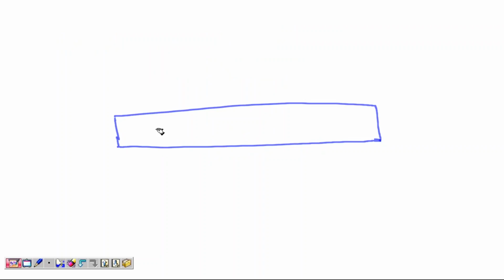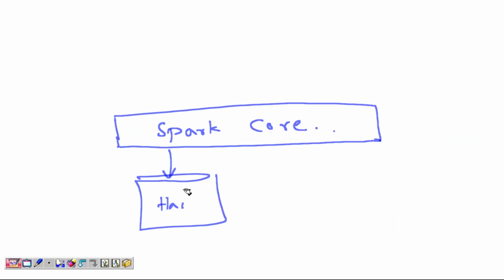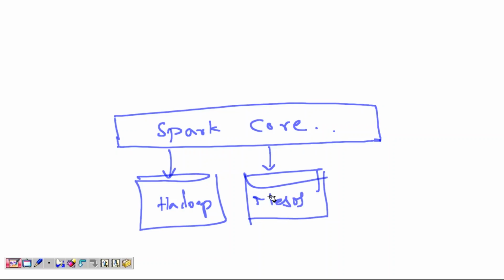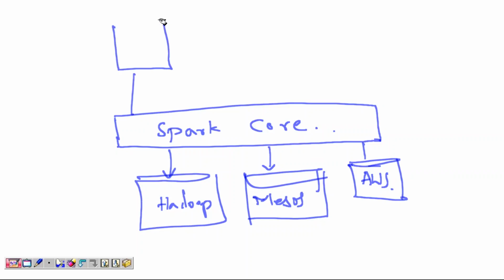So you can write a high-level diagram like this. Let's say it has a Spark Core engine. Here you can use Hadoop, or even Mesos, and the storage platform can even be cloud, that is AWS. It can be anything. On top of Spark Core, there are different components.